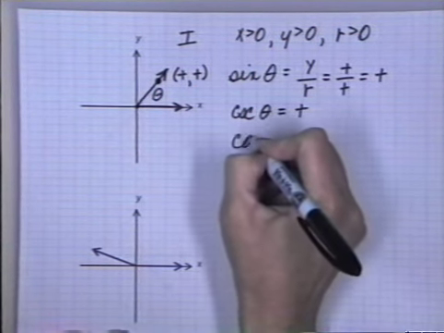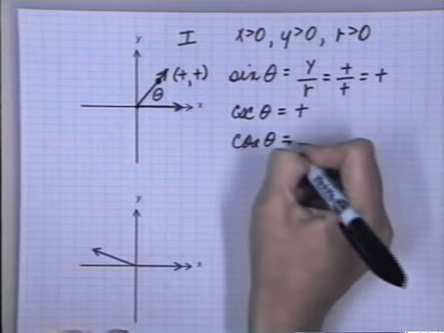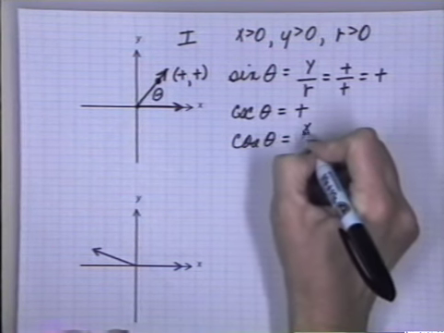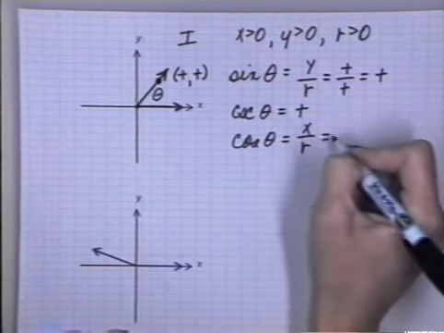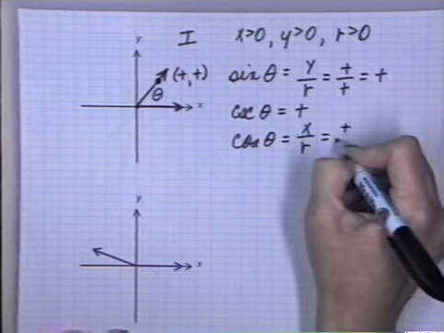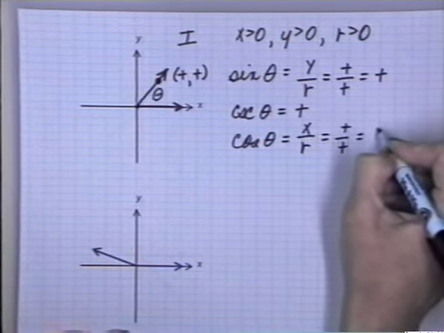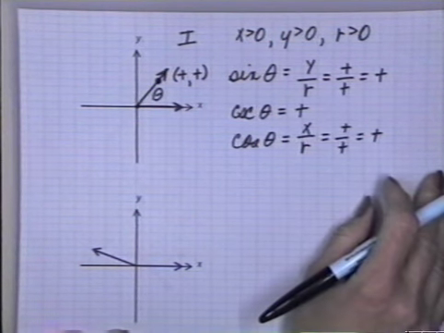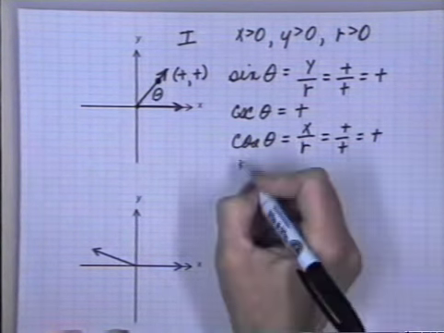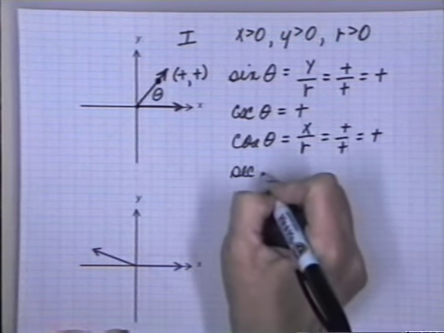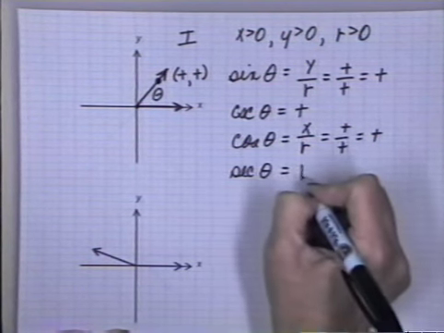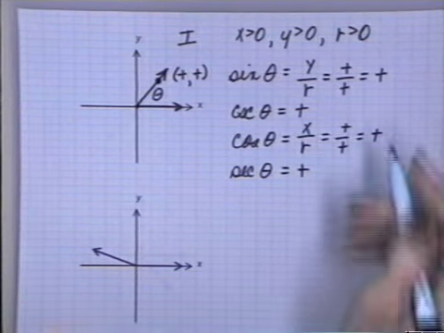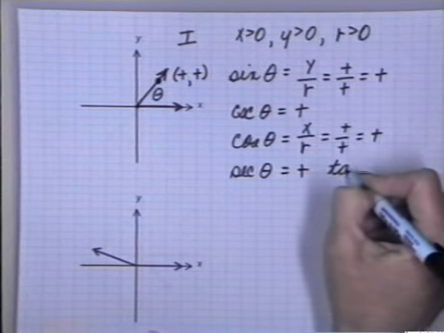Let's look at the cosine function. It equals x divided by r. X is positive, r is positive. Therefore, the cosine of a first quadrant angle will also be positive, as will its reciprocal, the secant. Look what happens with the tangent.